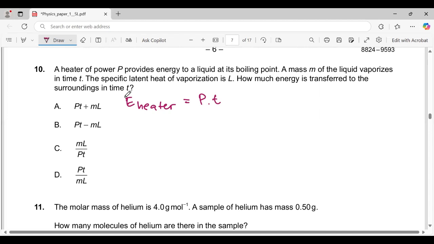And energy required for the vaporization, I would like to write as E vaporization equal M times L. So the energy to the surroundings, ES, is P times T minus M times L. Which one? Or this one?